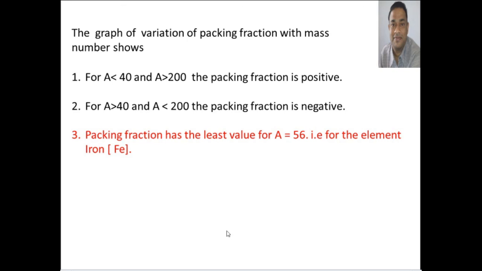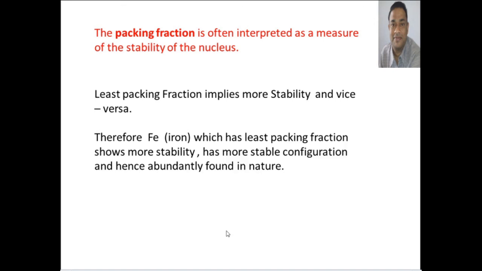Packing fraction has the least value for an element having mass number A equal to 56, and this element is iron, which is denoted by the symbol Fe. Packing fraction is often interpreted as a measure of stability of a nucleus.